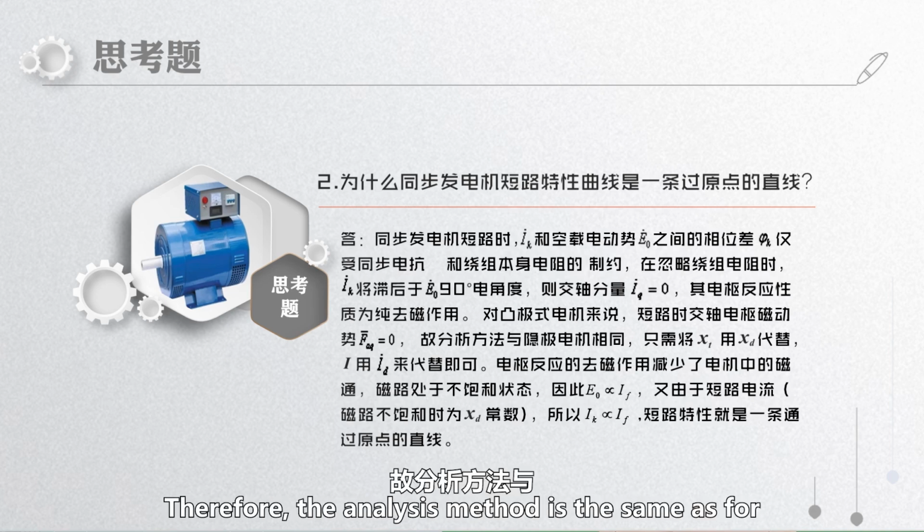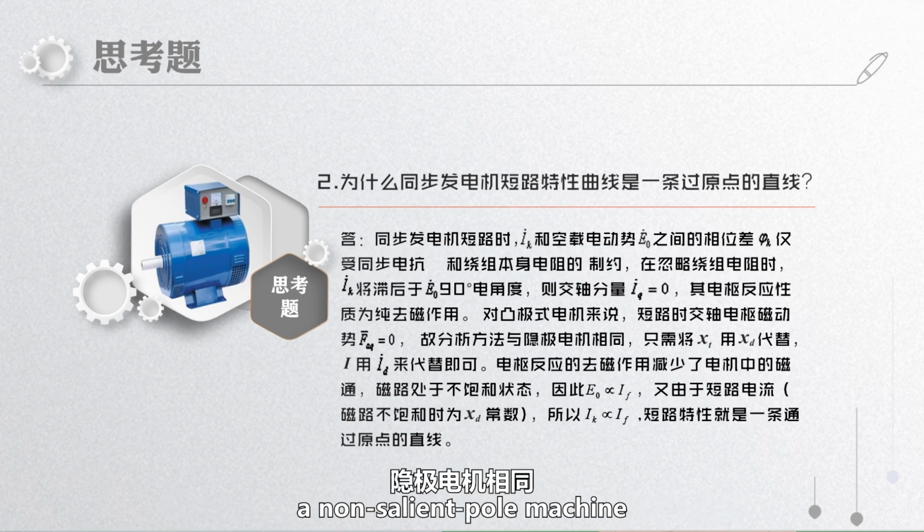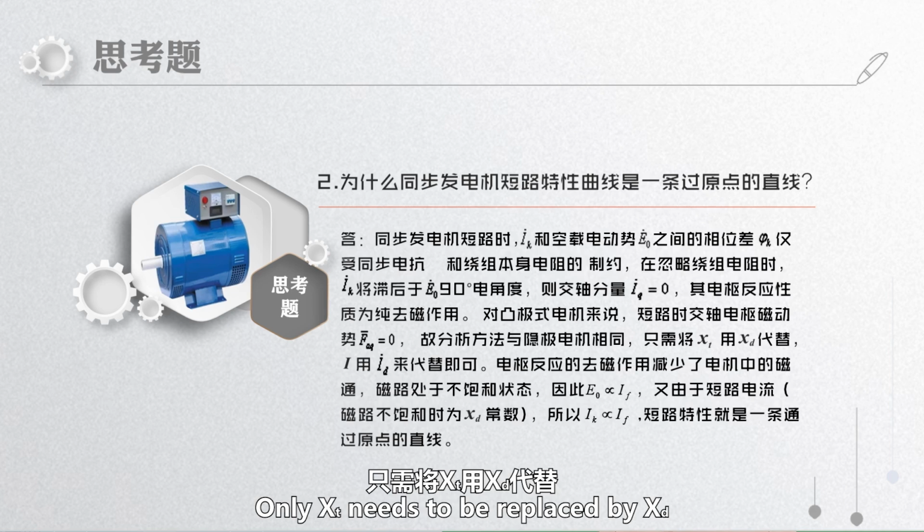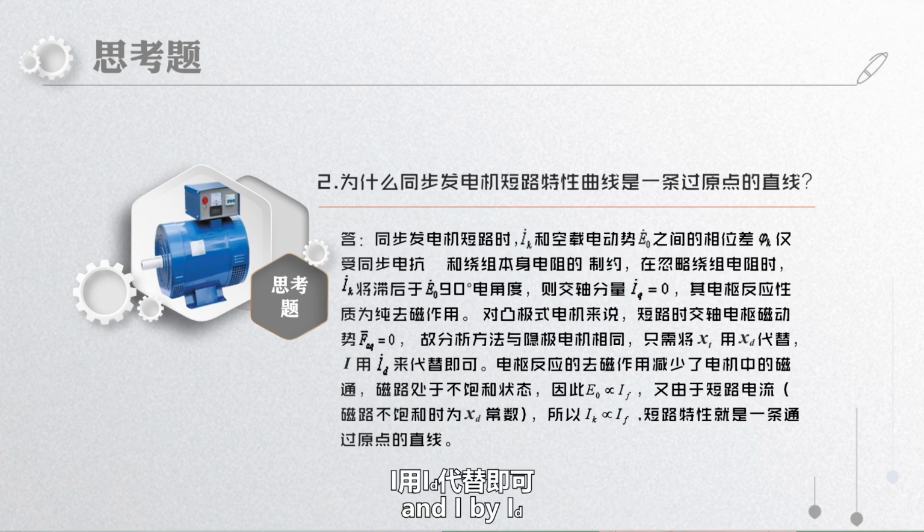Therefore, the analysis method is the same as for a non-salient pole machine. Only XT needs to be replaced by XD and I by ID.